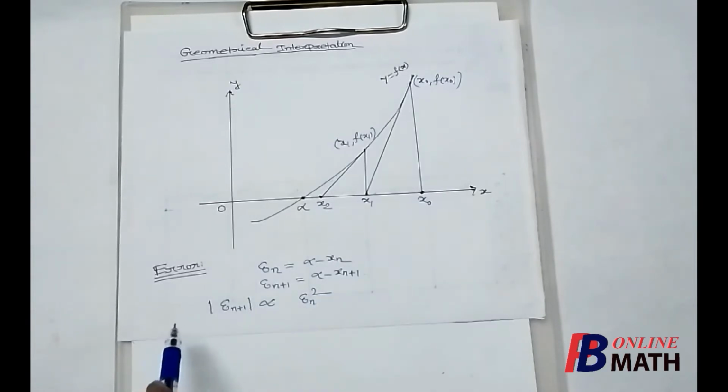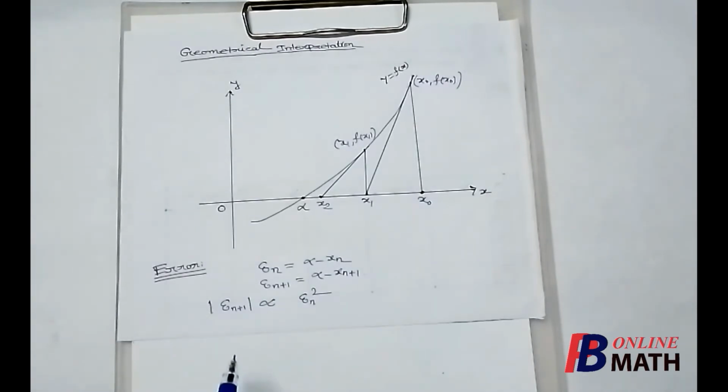Now if we calculate the errors at the successive steps, then we shall find that the error at the (n+1)th step, that is epsilon n+1, its modulus will be proportional to the error at the nth step and its square, that is epsilon n square. That means in Newton-Raphson method, the error at any stage is proportional to the square of the error at the previous step. That's why this Newton-Raphson method converges so rapidly.